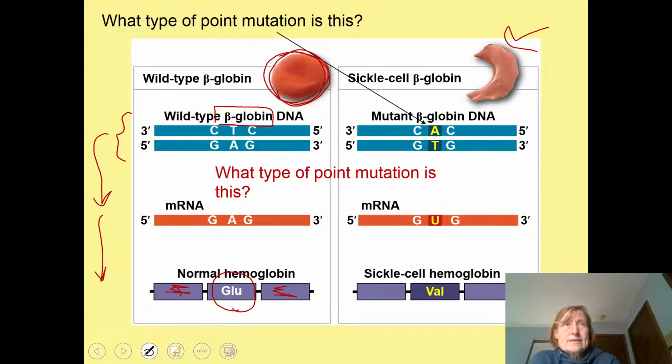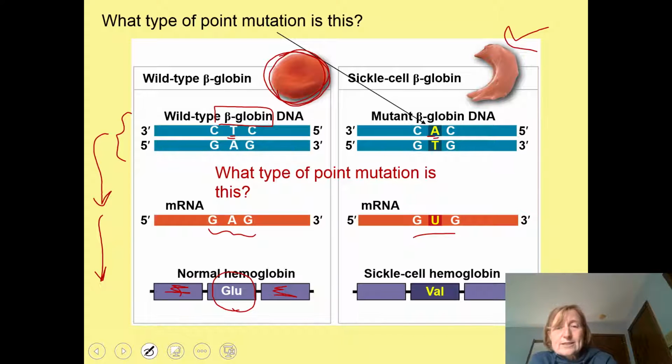In people who have sickle cell disease, their beta globin gene has a point mutation in it. Just one nucleotide has a mistake. Instead of a T, there's an A at this location. What that does is it changes the mRNA codon from GAG to GUG.